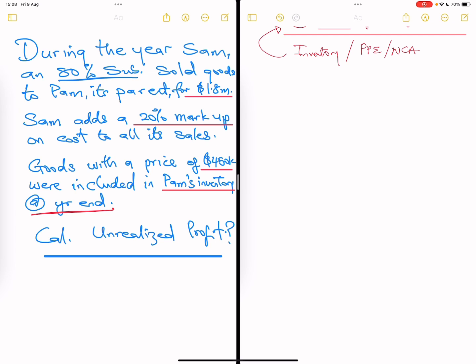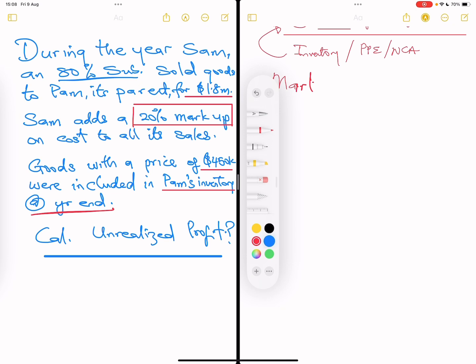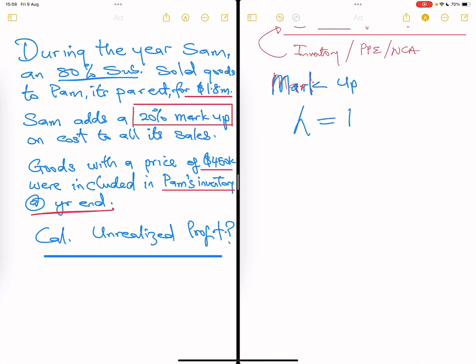So the information we have here is markup. Remember, we're looking for profit, but the information we have is markup. And I told you something. I said, depending on what you have, if it is markup that you have, you need to remember the way we do it. So if you have been given information on markup, remember that your unrealized profit will be equal to that markup multiplied by cost of sale.